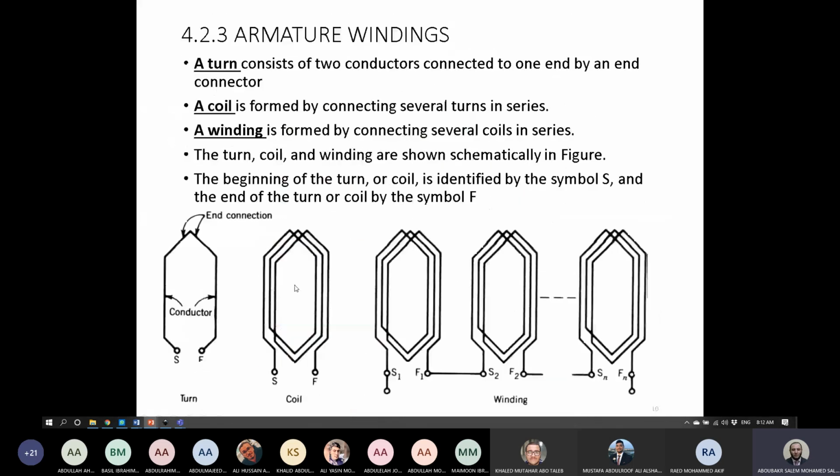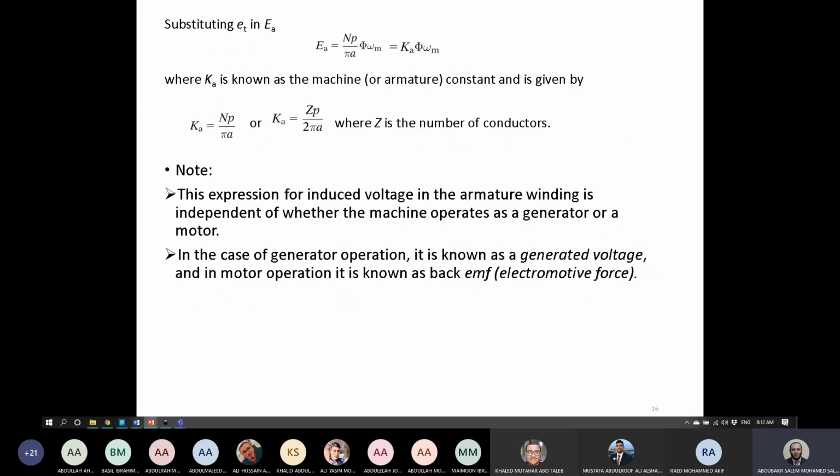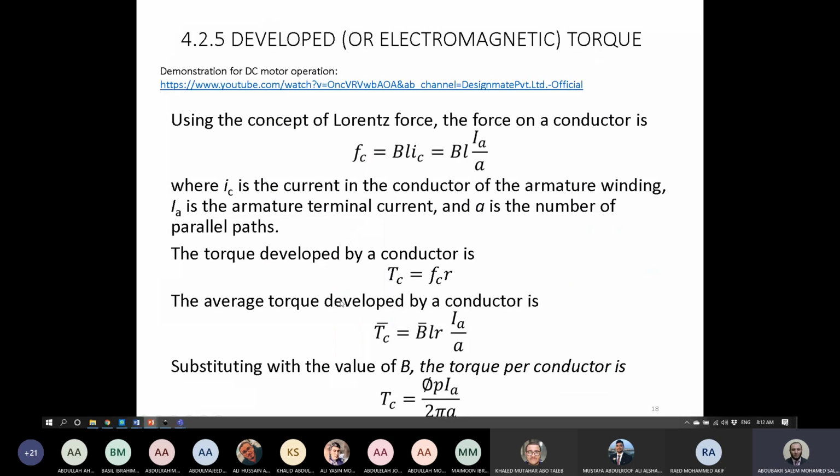Again, we know now the torque equals force multiplied by the radius, which is the rotor radius. This is now the torque for one conductor. What about the overall average torque?